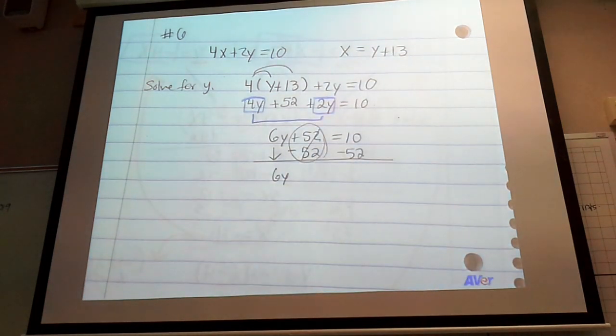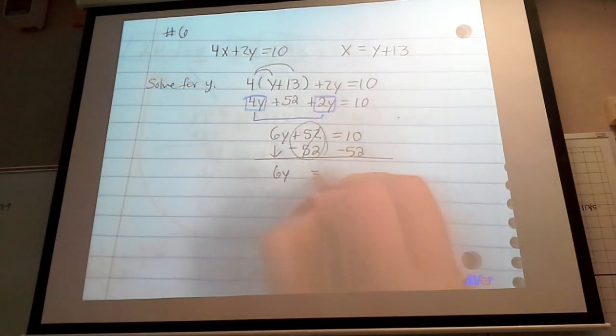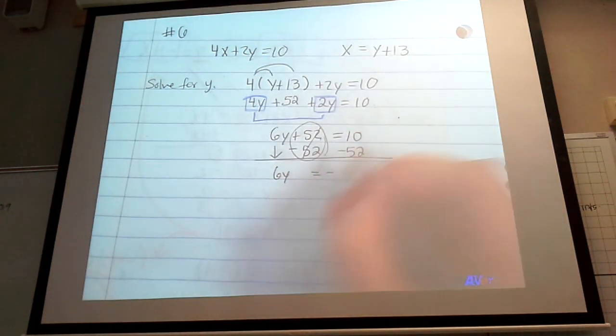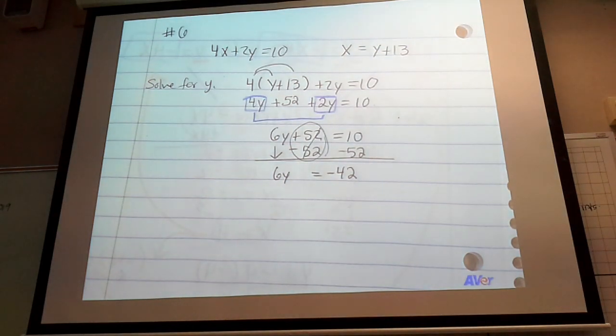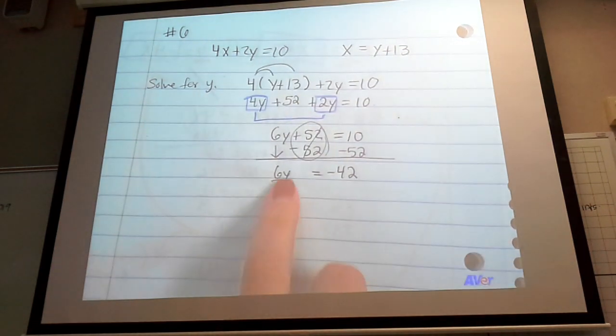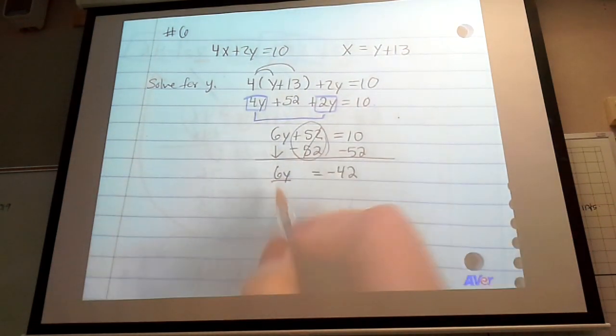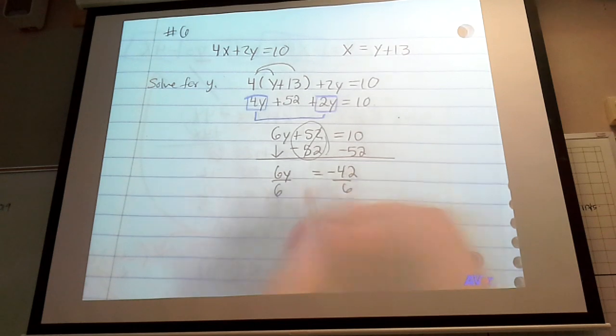We have the same amount and opposite signs, they cancel each other out. Equals, and then this is a negative 42. And the last step to solving this one is having to divide by 6, because this operation here is multiplication. So if I divide both sides by 6, I get y equals negative 7.